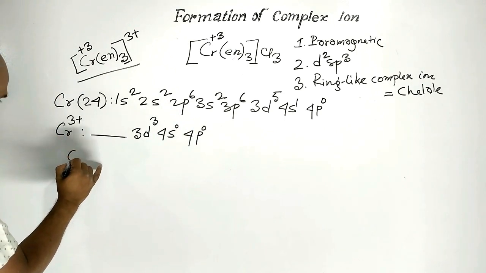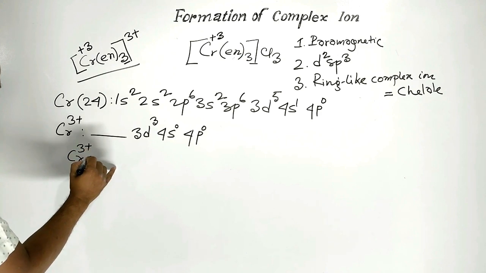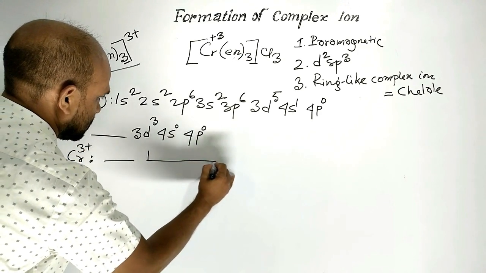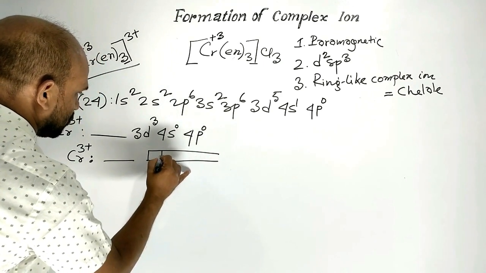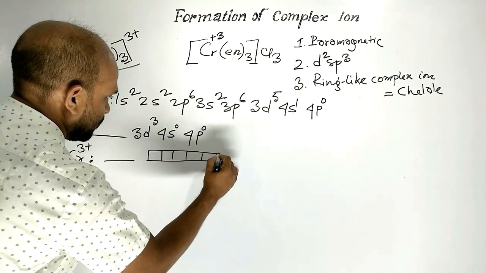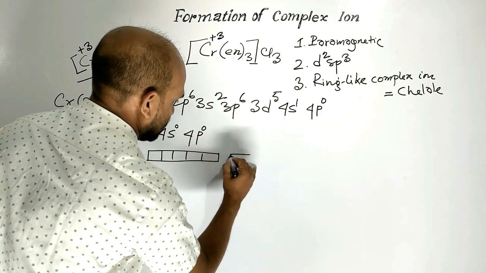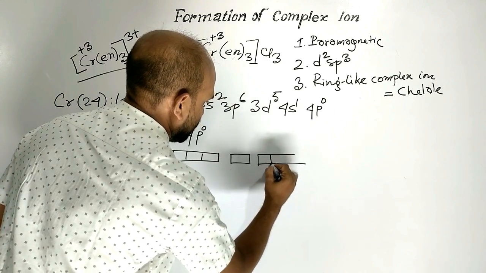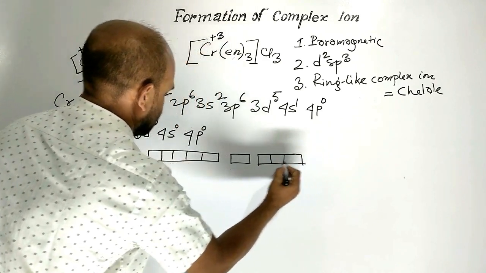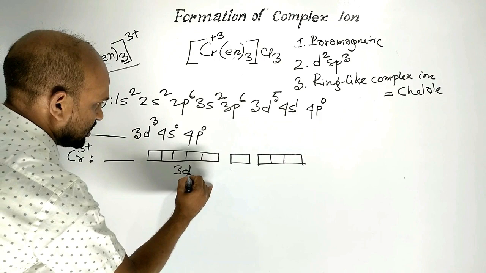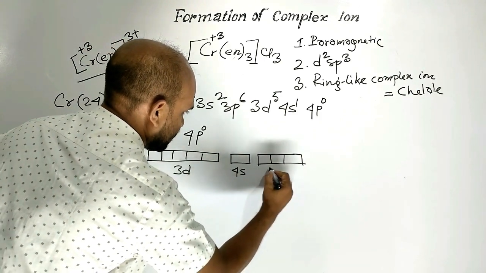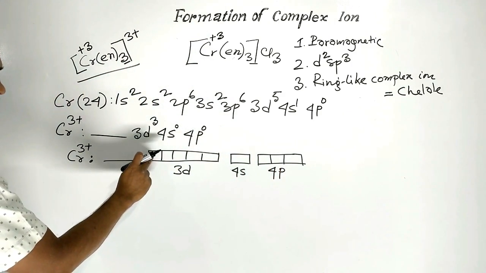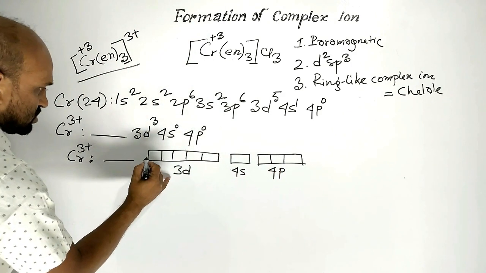Now let us see the electronic configuration of chromium 3 plus ion in box method. 3d orbitals 1, 2, 3, 4, 5. Then the 4s orbital. After that, 4p orbitals. 3d orbitals contain 3 electrons.